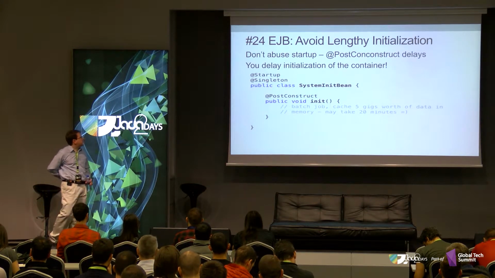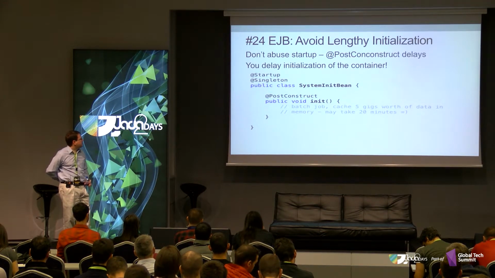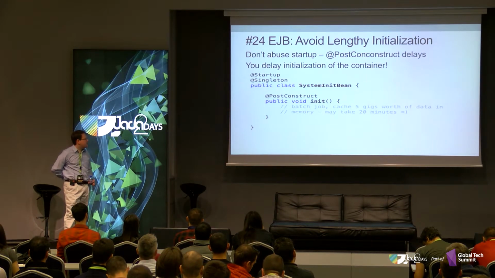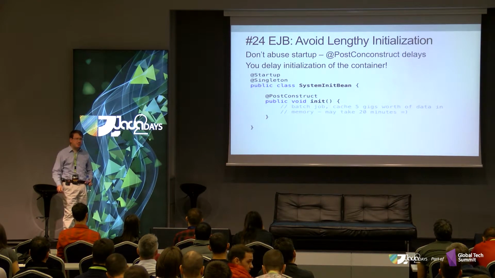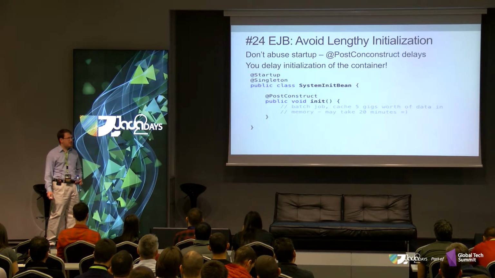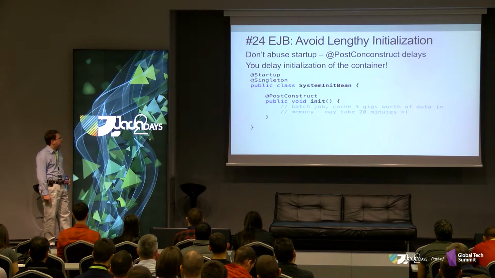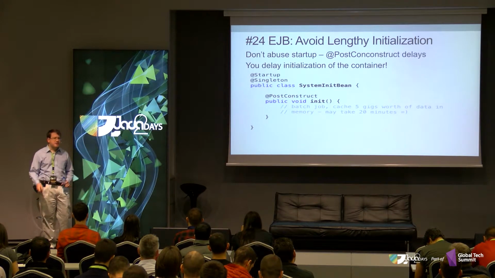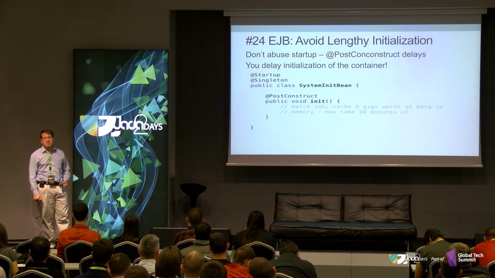The next one is avoid lengthy initialization. A common code snippet that I've seen is a startup singleton EJB that initializes your application on startup, sucks data out of the database, initializes pick lists, etc. Say you have initialization code that takes a long time, say 20 minutes. If the application server is starting up, this can slow down the deployment of all the other applications.